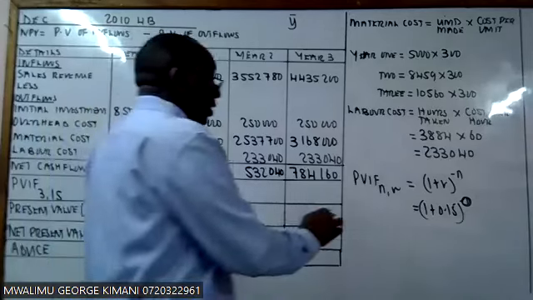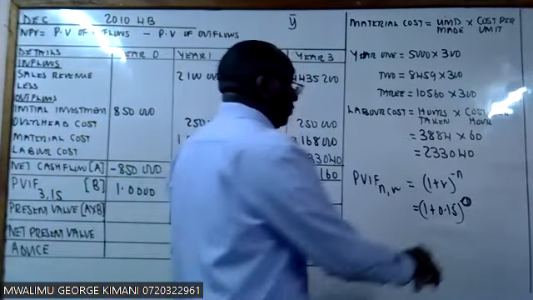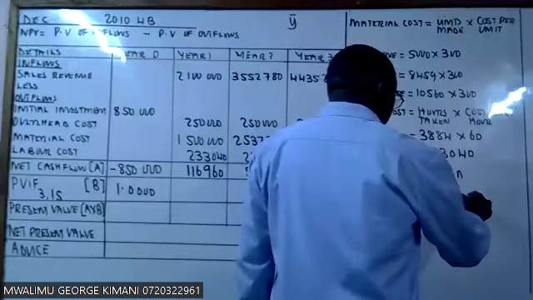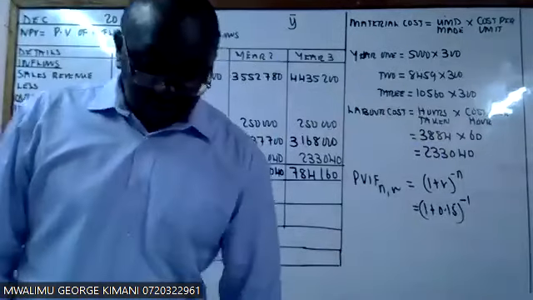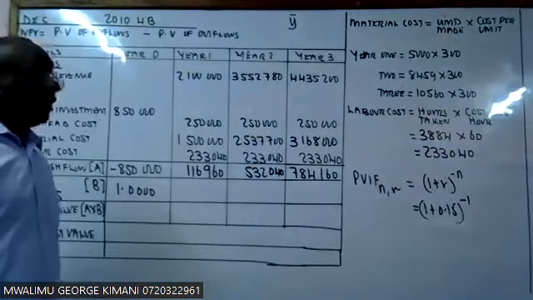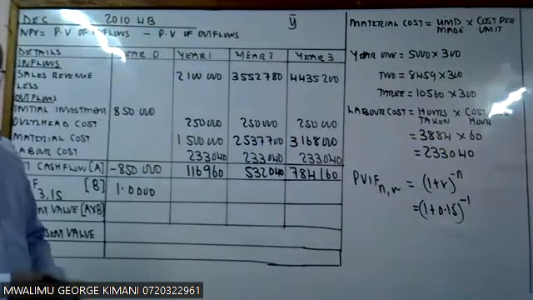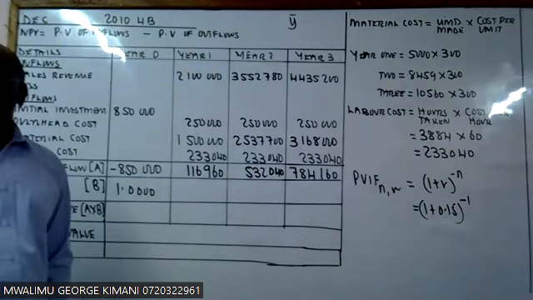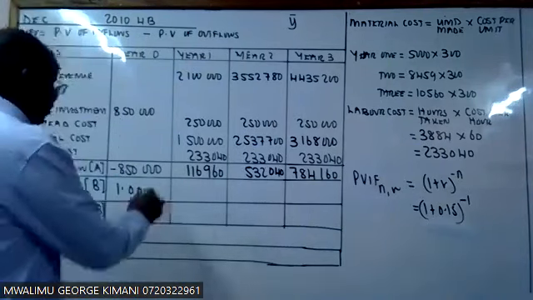Then for the next one, you tell me raised to power -1. You have to put the present value factor for the first year. 0.8696.